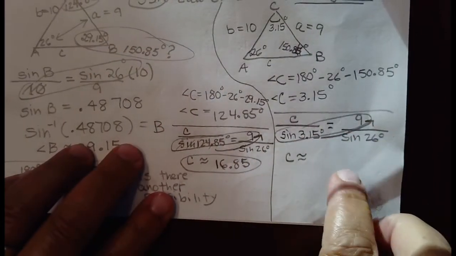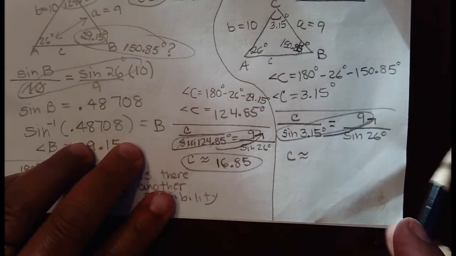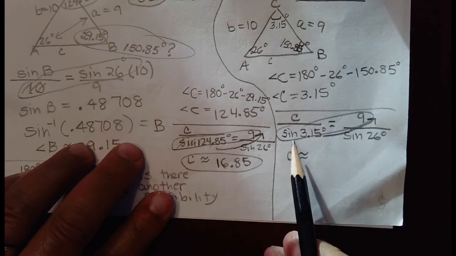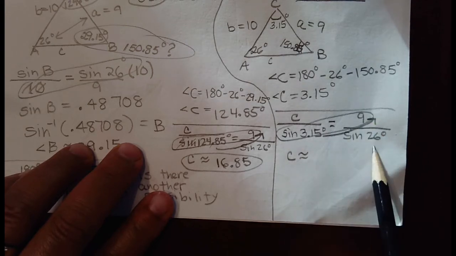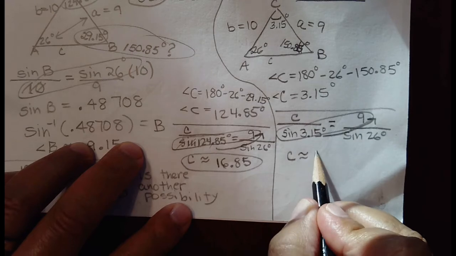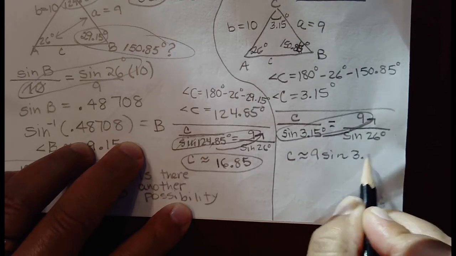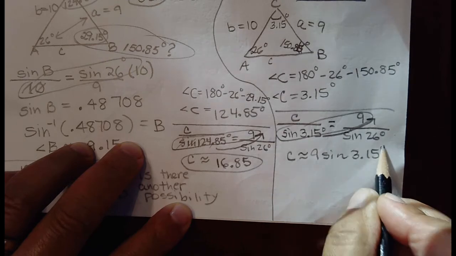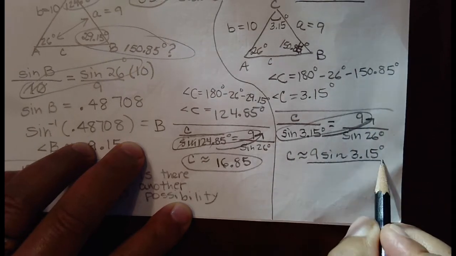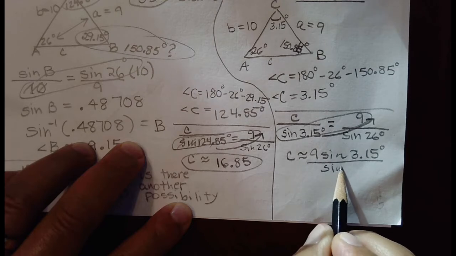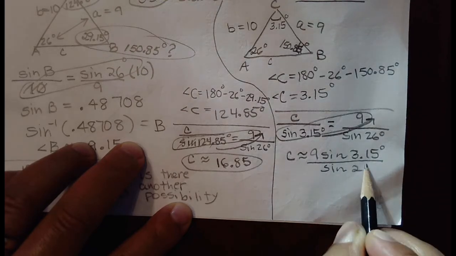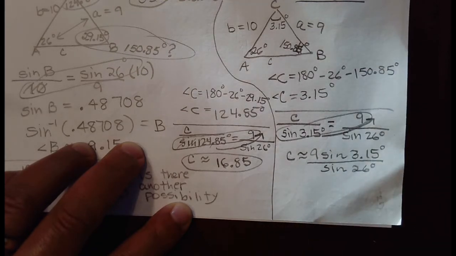The sine of 3.15 would be up there in the numerator, and then finally the denominator will be sine of 26. So that will be 9 times sine of 3.15 divided by sine of 26 degrees, and that would be 1.13.